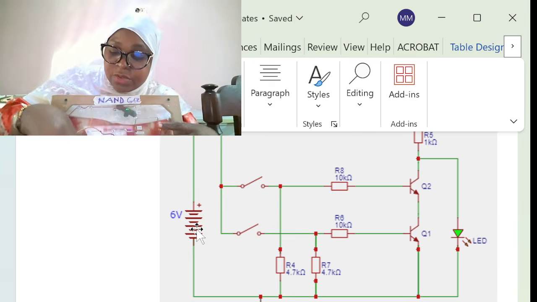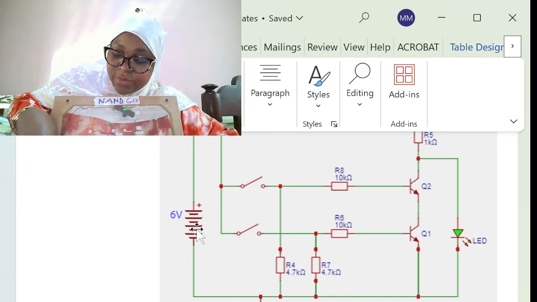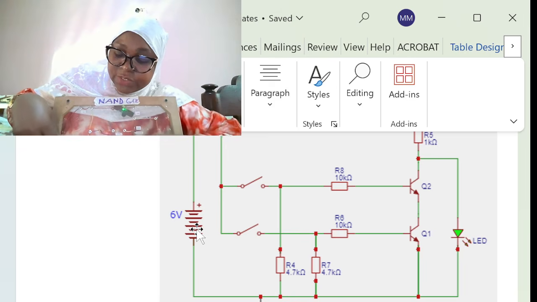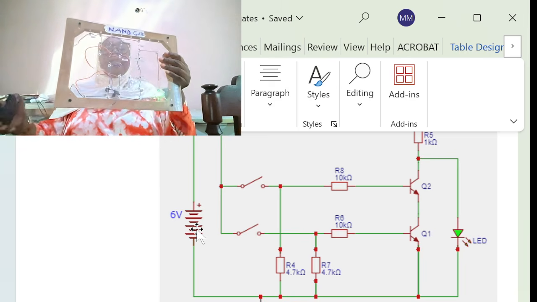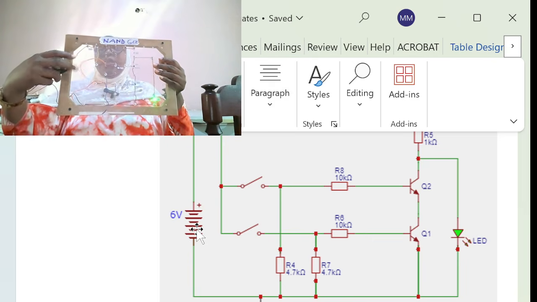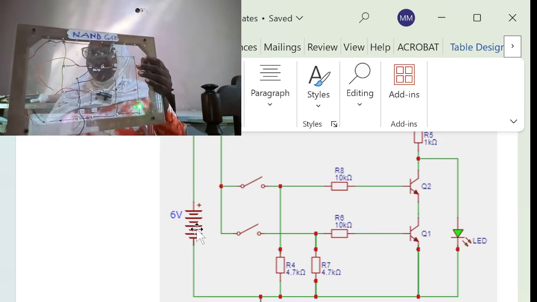Or when all the switches are open, switch 1 is open and switch 2 is open, the diode shows similar results.